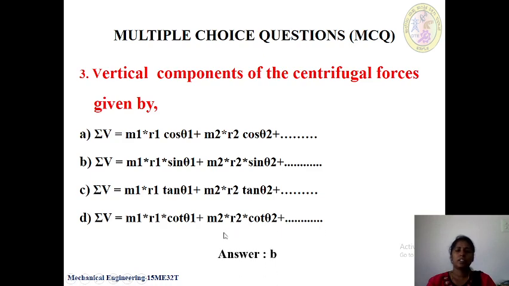The correct answer is option B, sigma v is equal to m1 into r1 sin theta 1 plus m2 into r2 sin theta 2 plus m3 into r3 sin theta 3 plus m4 into r4 sin theta 4 if there are 4 masses acting in a system.